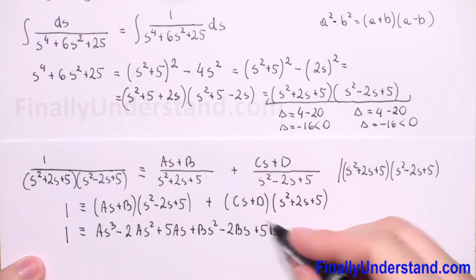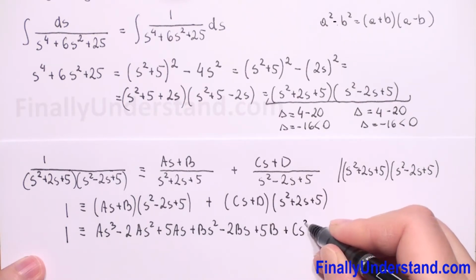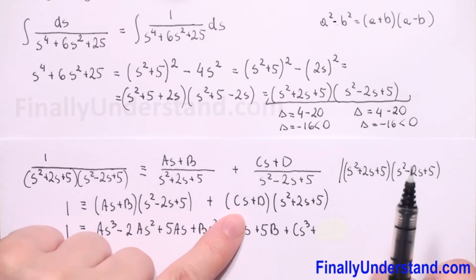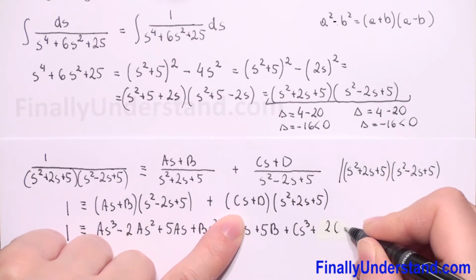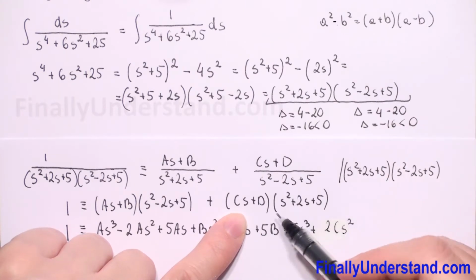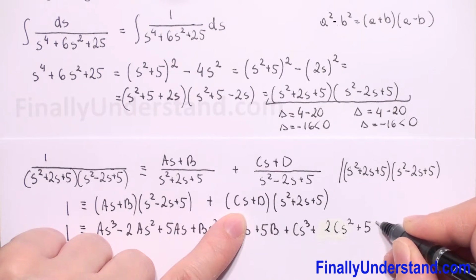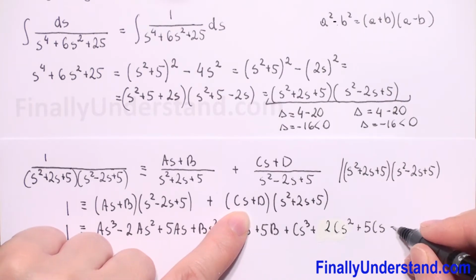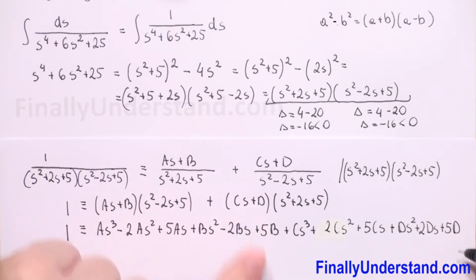And in the second expression will be plus cs cubed plus now 2cs squared and we will have plus 5cs plus ds squared plus 2ds plus 5d.